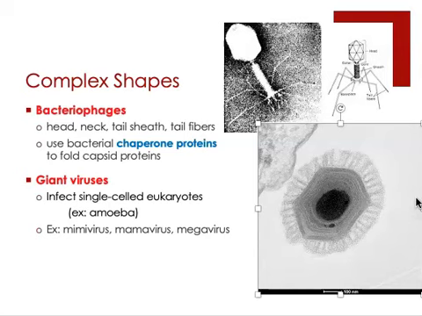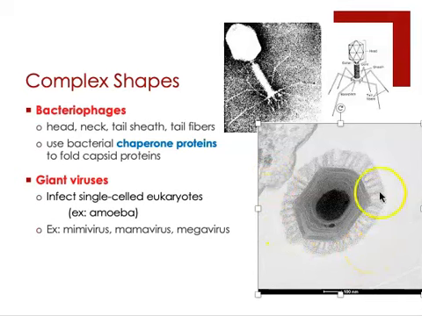Giant viruses were only recently discovered in about the last 20 years. It's not that they had never been seen before. There were lots of times when these particles were found on EM images, but scientists didn't think they were viral particles because they were just too big.